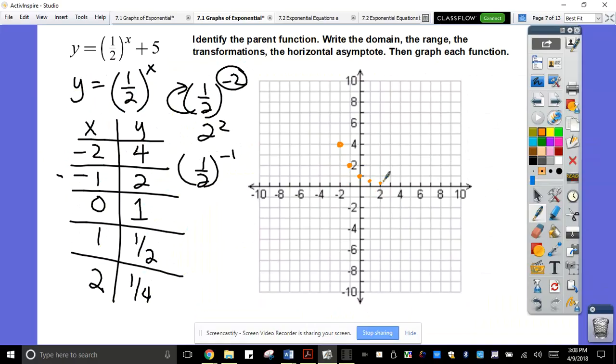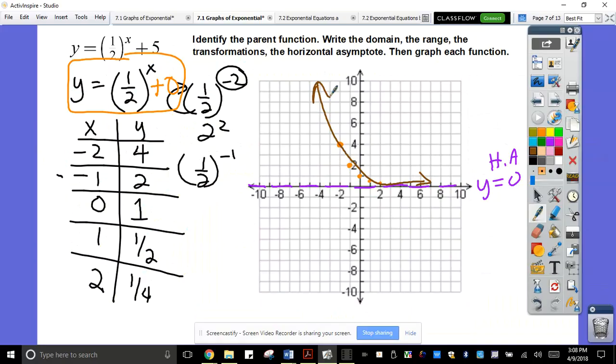We have learned from the equation that whatever the additional term is represents our horizontal asymptote. Since that's plus 0, or invisible, we can say that the horizontal asymptote is y equals 0, or the x-axis. And the graph will be something like this as the parent function of this problem.